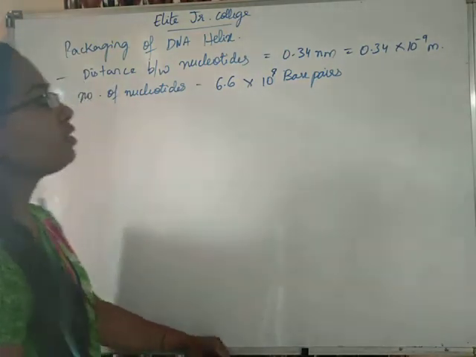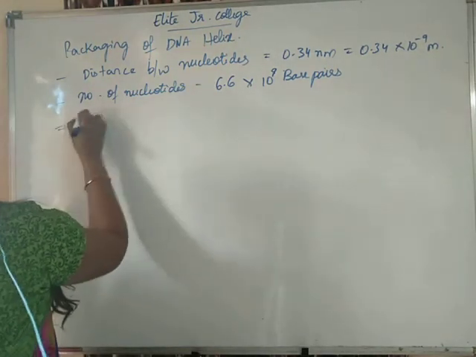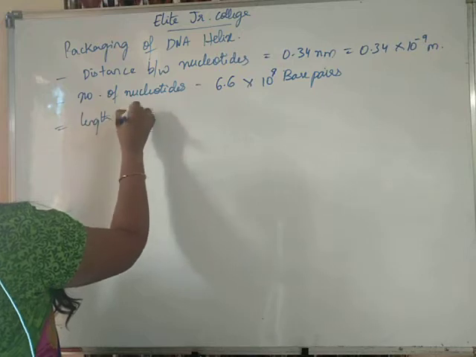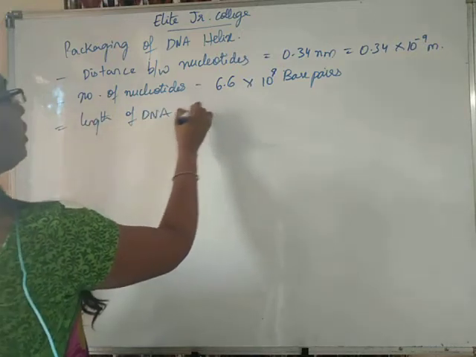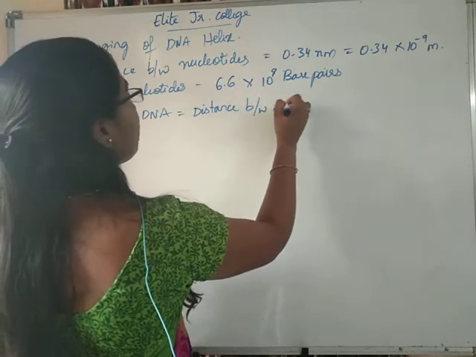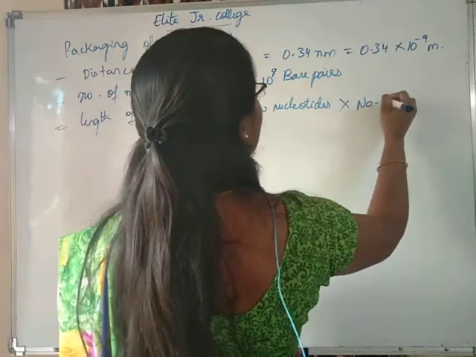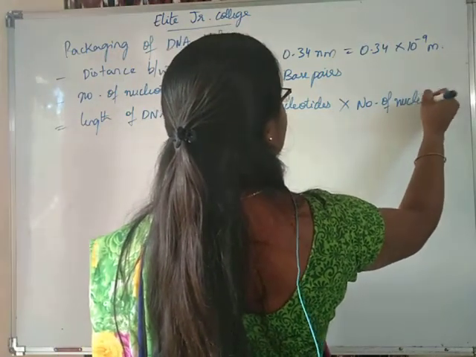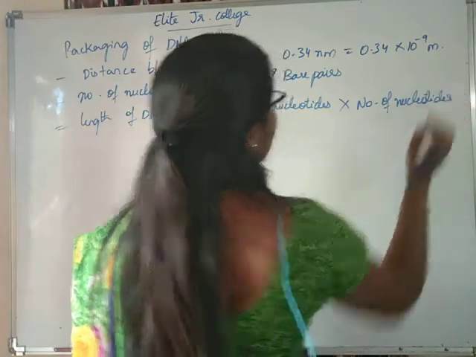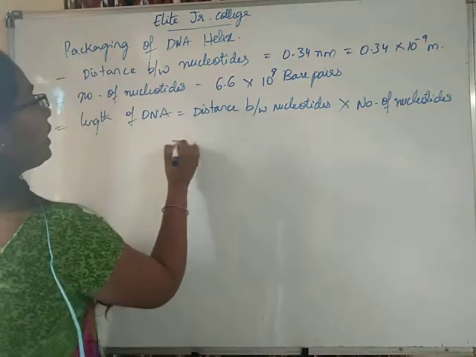So, students, from these values we can calculate the length of DNA. The length of DNA is equal to the distance between nucleotides into the number of nucleotides. Let us calculate the length of human DNA.